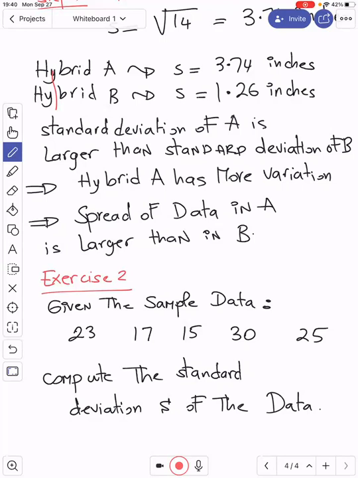I think this exercise is from the textbook. It's exercise 13, page 116. So this is from the textbook, actually.